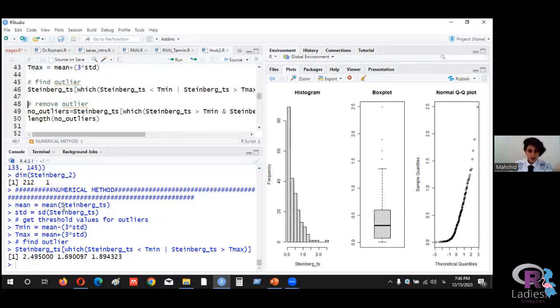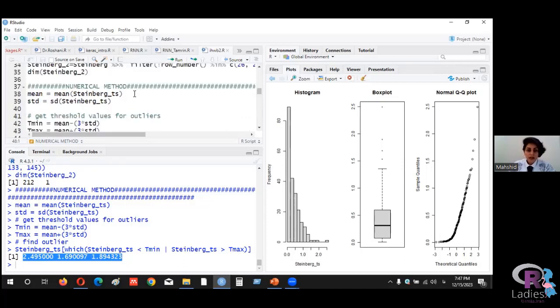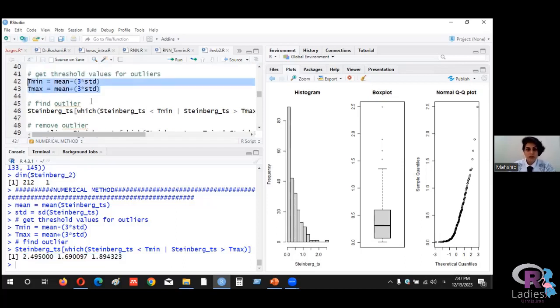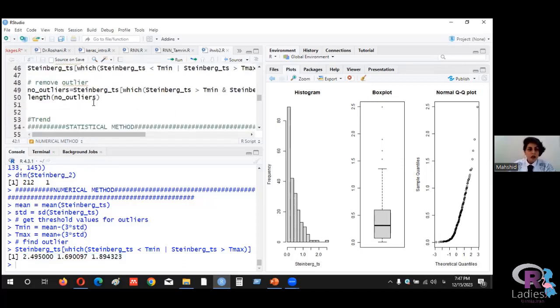If I run the code, you can easily find the outliers, but the difference is that in the visualization method, we had 4 outliers, but in the numerical method, we find 3 outliers. It's because of the threshold.